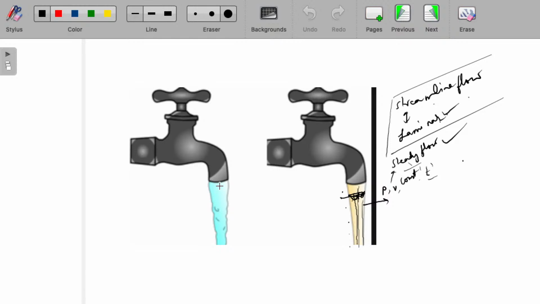Now, what's a steady flow? Steady flow is where the velocity and the pressure, which are properties of the fluid that is flowing, are constant with time, right? That's a steady flow. And what's a laminar flow? Laminar flow is where all the particles passing through a given point are going in the same fashion.